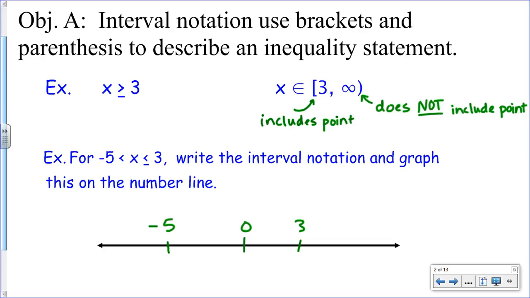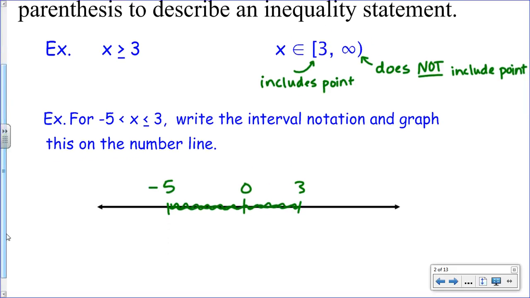So that is saying x is in between those two numbers. So here's where I'm shaded. Now, before when you did this, you would use open and closed circles. Instead of doing open and closed circles, we're going to use bracket and parentheses, just because that's what we'll have to do in the interval anyway.